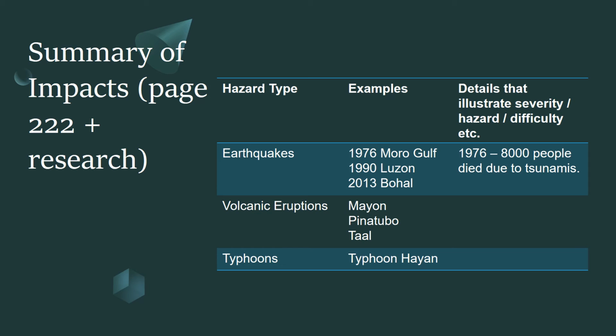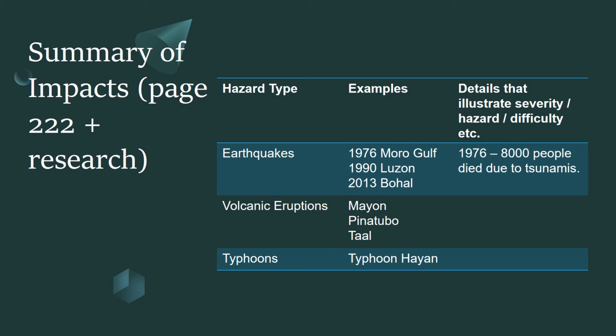The final column is the most important one, and that's where we're going to select some details that illustrate how serious things are, how difficult it was to deal with. I've given just one example here. Again, you'll see I've lifted it straight out of the textbook.